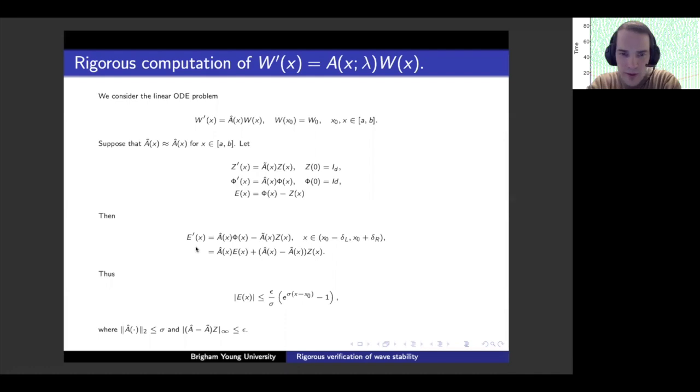If you take the derivative of this last equation, then you get the ODE that z prime satisfies, and you rearrange it, and you see that this is going to satisfy the error bound we have here at the bottom of our screen, just using standard ODE error estimates.